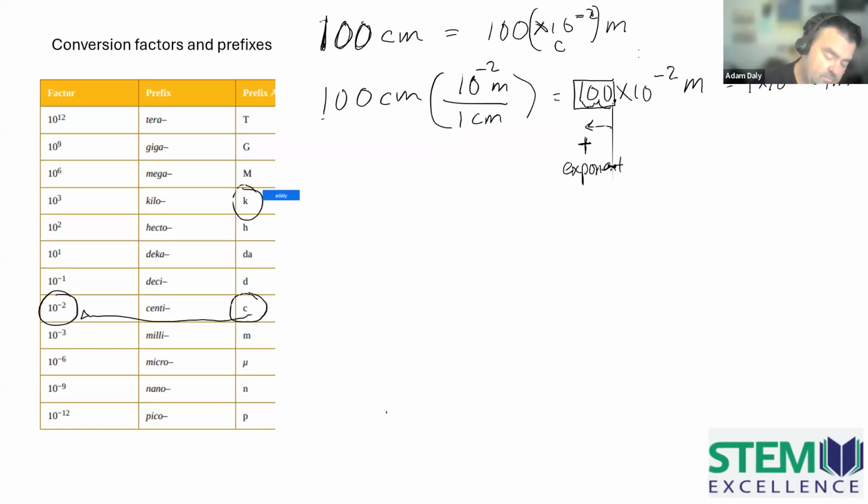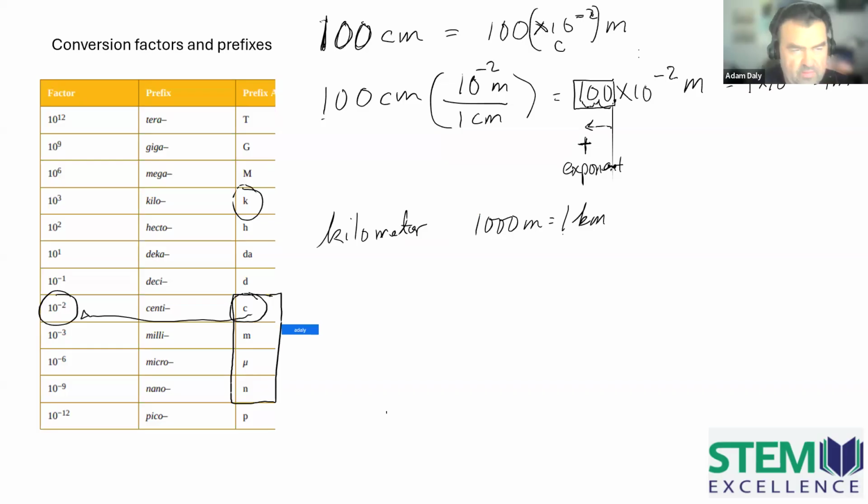Kilo, right? So kilo is really important. And we see that in kilometer. That for every 1,000 meters, there's 1 kilometer. But the most use for these prefixes on the MCAT that I've seen are the small values, right? The small prefixes.